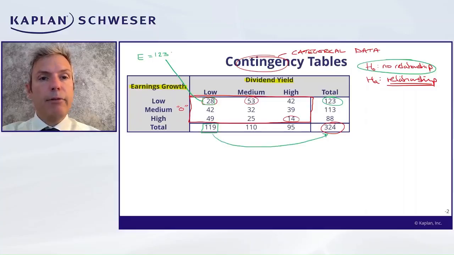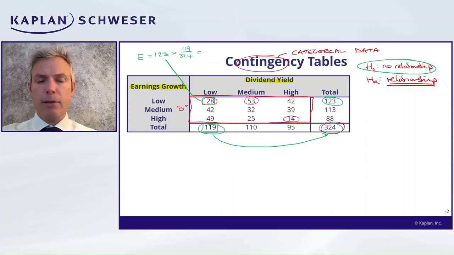So if you take that 123 and multiply by the column total as a fraction of the total, that is what you expect to see in that cell. All the rows are the same and just driven by the proportion of low dividend yield companies as a fraction of the whole, and every row is split like that.